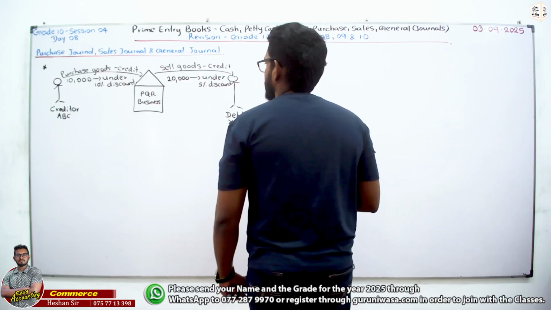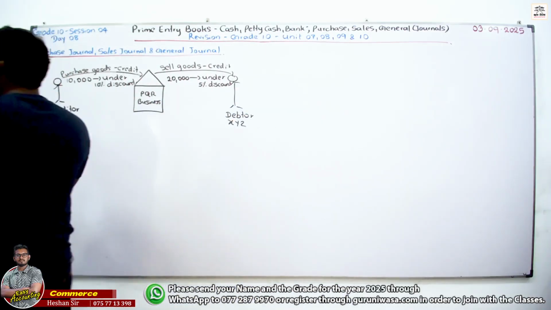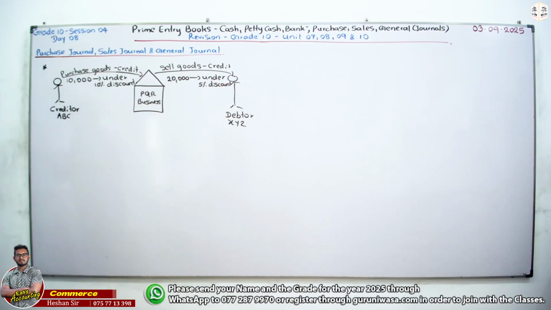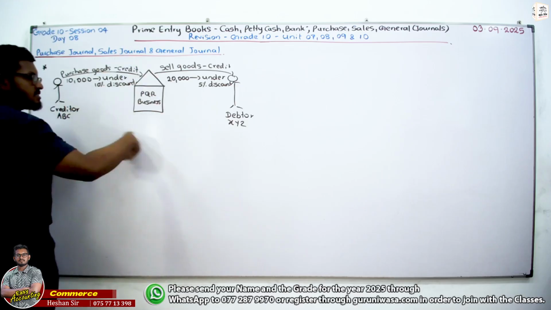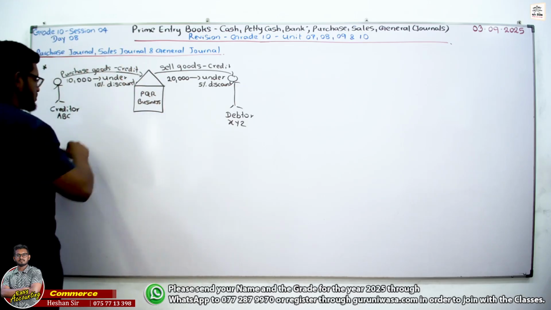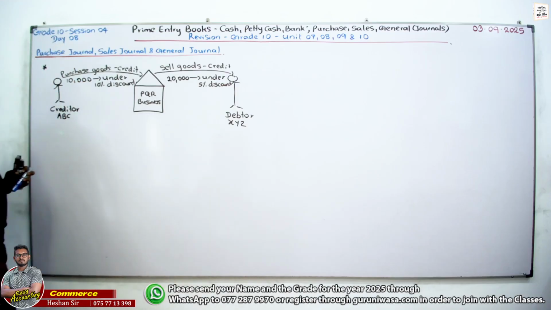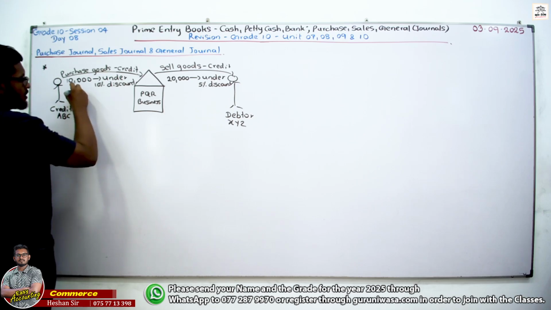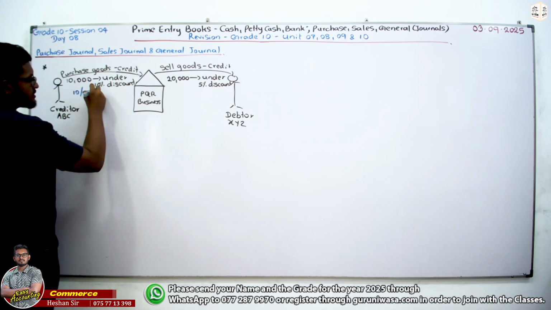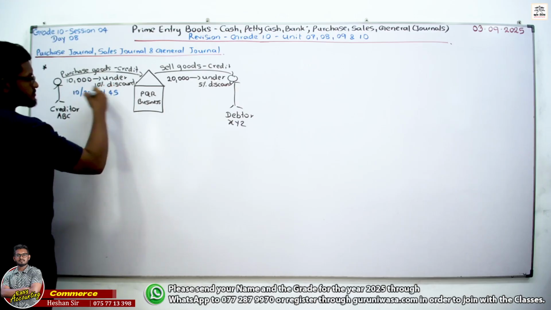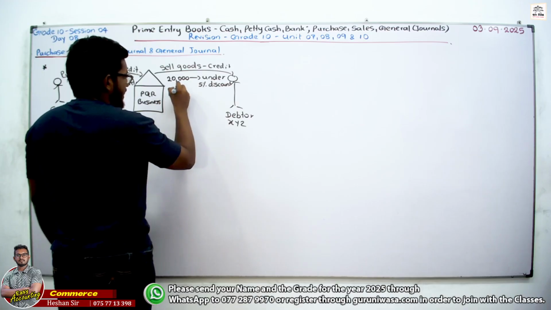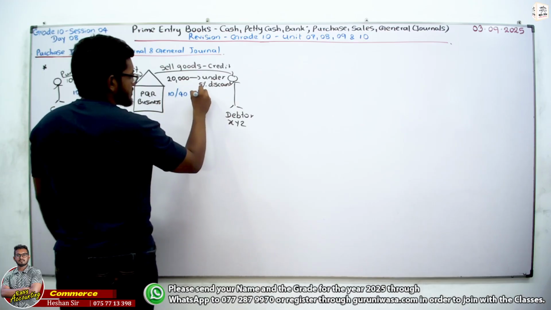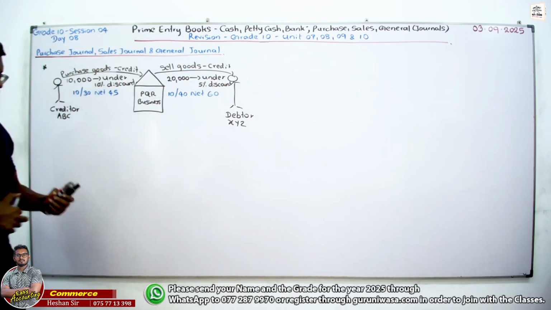Look here, in the invoice, just remember, when this business purchases goods and this business sells the goods, there was a discount condition: 10/30 net 45, sorry, 10/40 net 60. I'll explain it again.